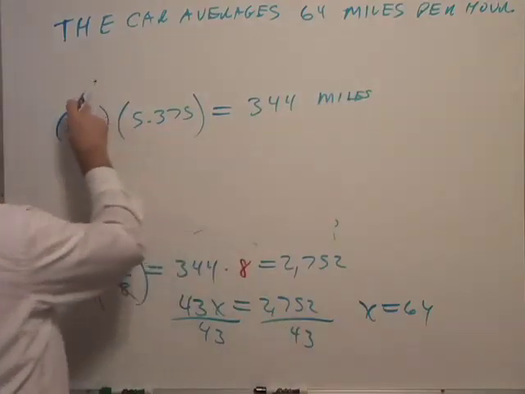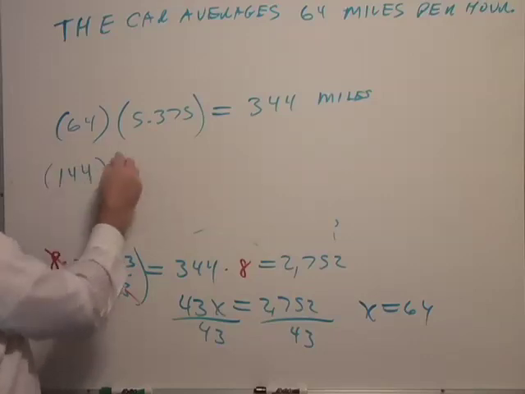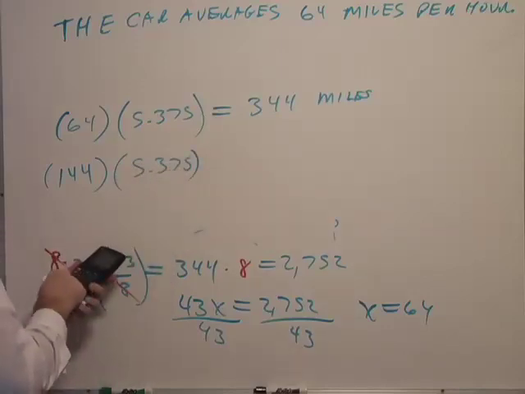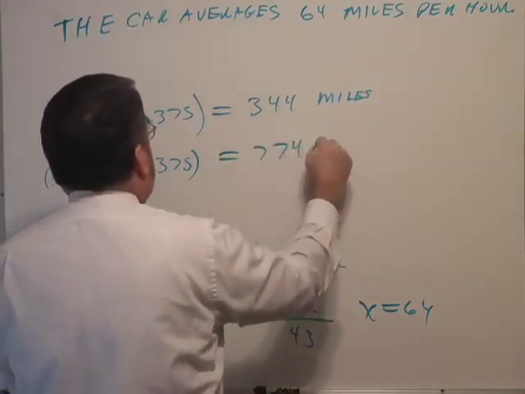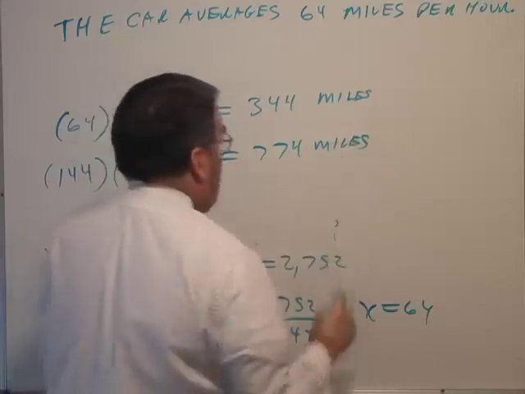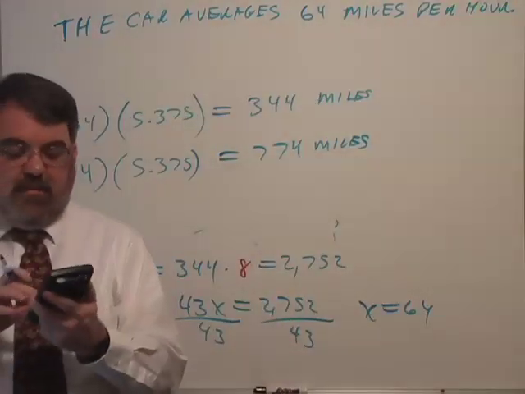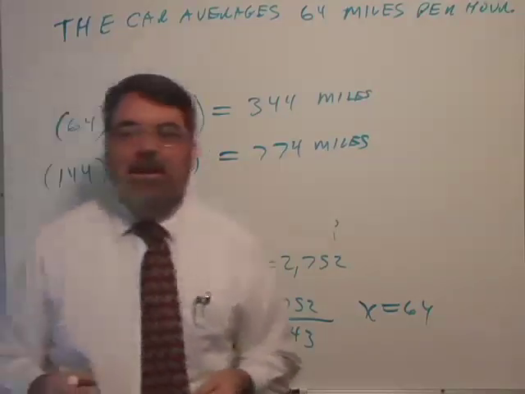Now the airplane going 80 miles an hour faster is going 144 miles per hour, same amount of time. So 144 times 5.375 is 774 miles, which agrees with the statement of the problem. So speed times time are the correct distances, and so this problem has to be correct.